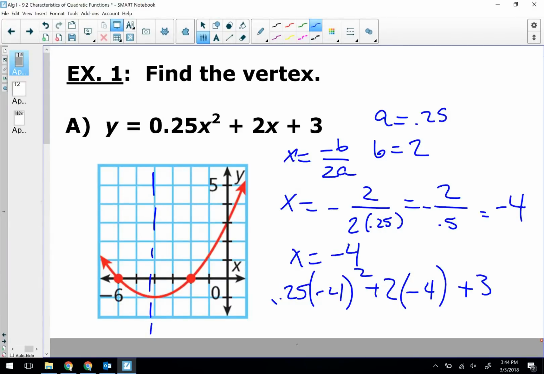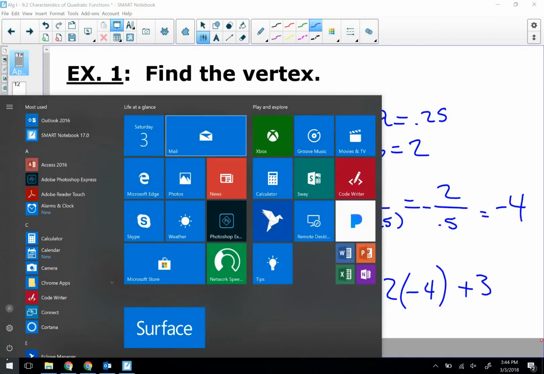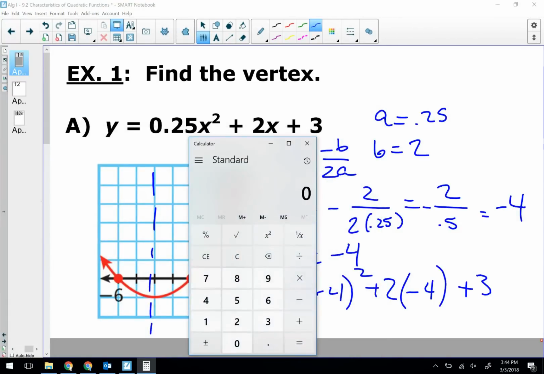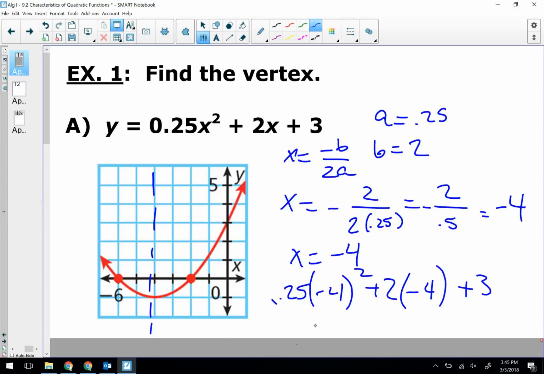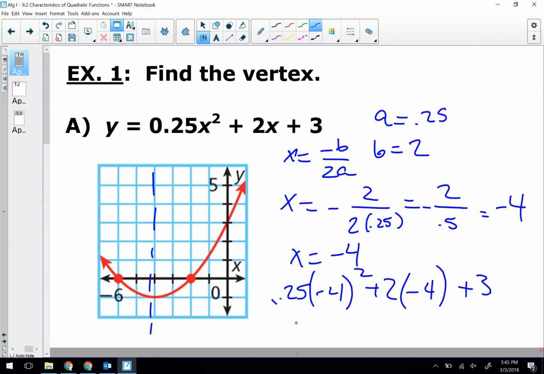Okay, so I'm going to get my calculator real quick. So that means we got 16, and 0.25 times something is another way to say divided by 4. 16 divided by 4, oh, duh, it's 4. So that means we've got 4 minus 8 plus 3.